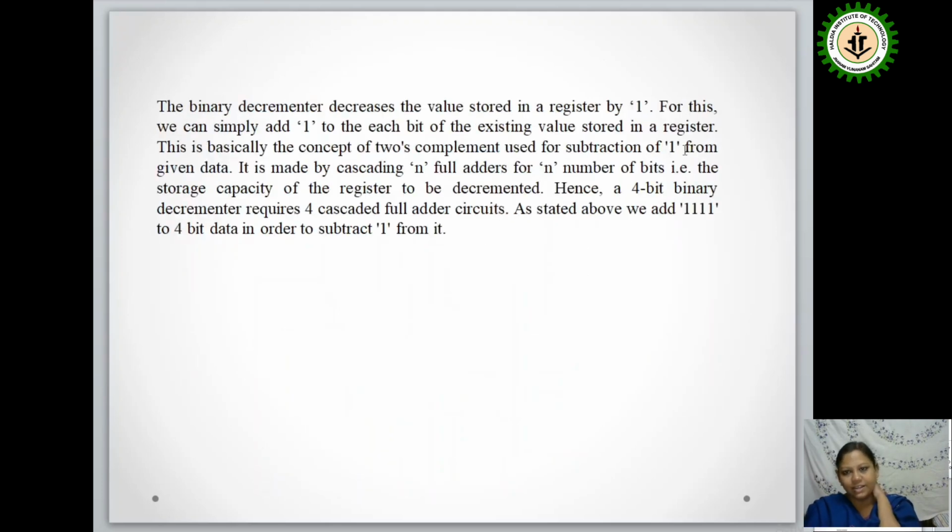So how is it treated? Decrement means minus 1. What is the value of minus 1 for a 4-bit circuit?